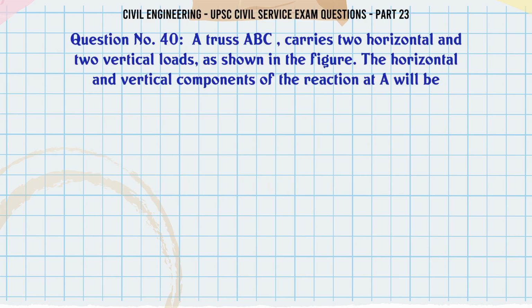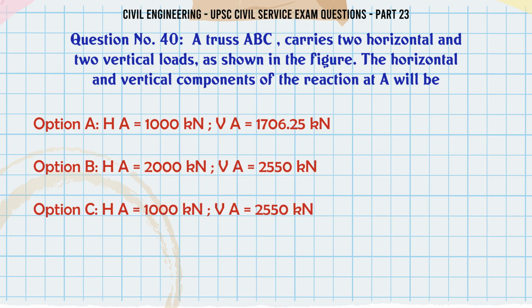A truss ABC carries two horizontal and two vertical loads as shown in the figure. The horizontal and vertical components of the reaction at A will be A. HA 1000 kN, VA 1706.25 kN, B. HA 2000 kN, VA 2550 kN, C. HA 1000 kN, VA 2550 kN, D. HA 2000 kN, VA 1706.25 kN.